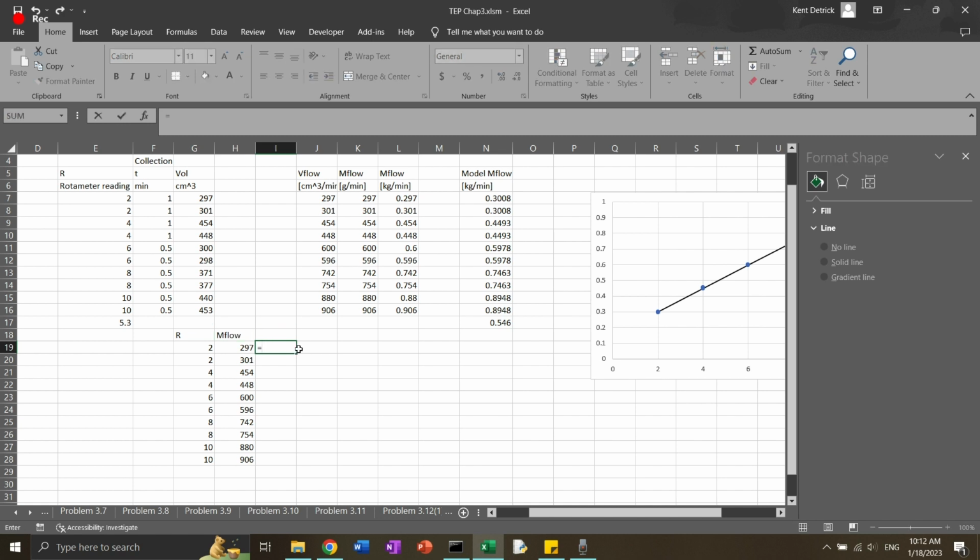And then we'll do the difference between this one and the one right after it, and we'll drag that down and get rid of the extras here. Okay, so we're just looking at the difference between the duplicates. So you should only have 1, 2, 3, 4, 5 values. Then we just take the average of these numbers, and that will give us the average difference between the duplicates. So that is our average between the duplicates.